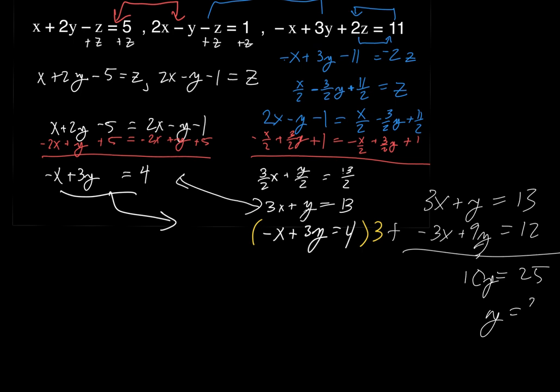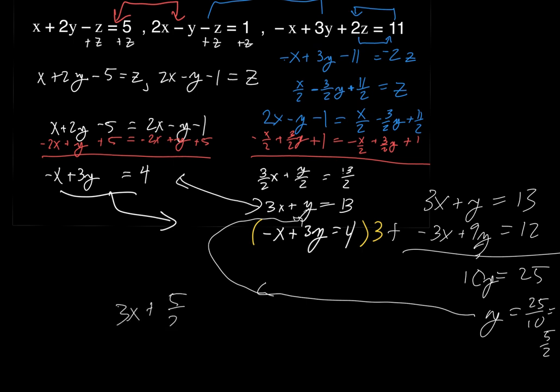Y equals 25 over 10, which is 5 halves. Take that y equals 5 halves, put it back into one of these other equations. I'm going to probably put it right there into this equation. 3x plus 5 halves equals 13.